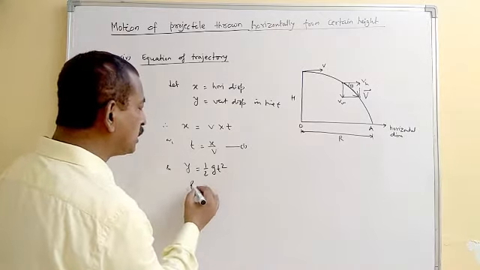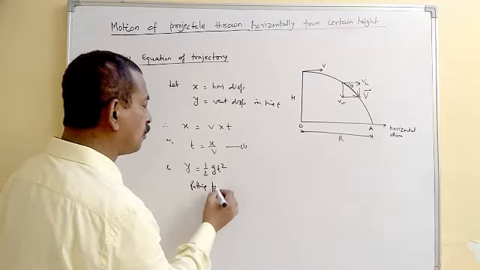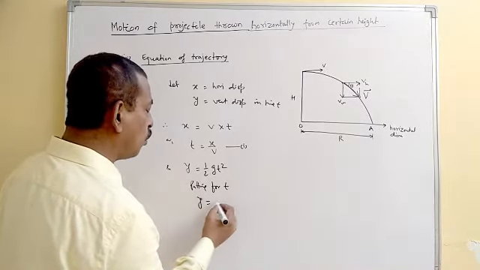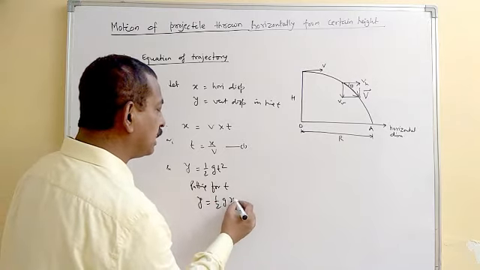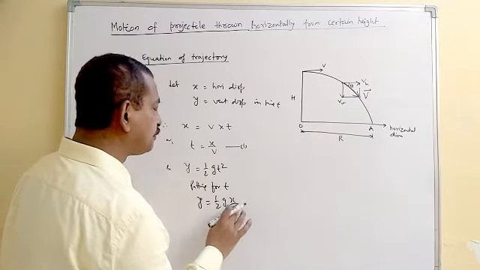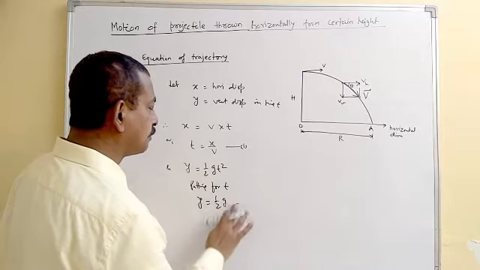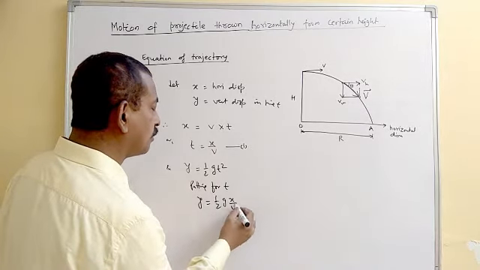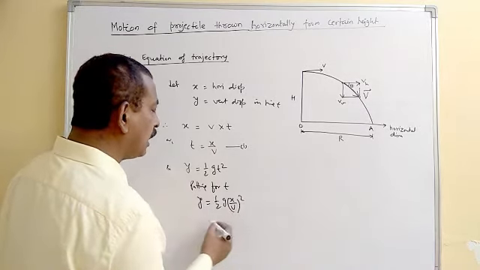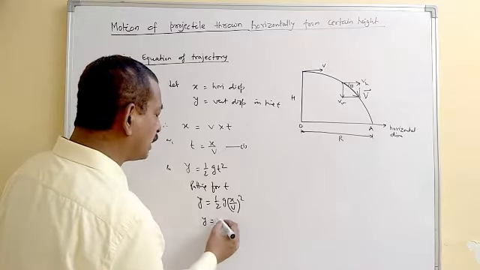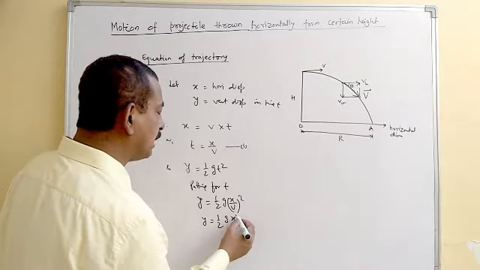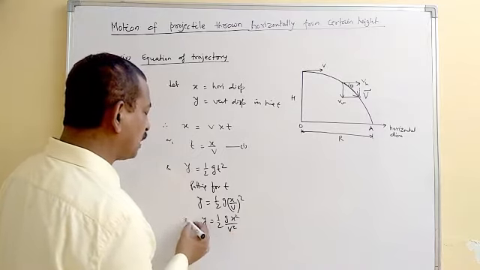So putting for t, y will be half g into x by v whole square, and that is y equals half g x square by v square.